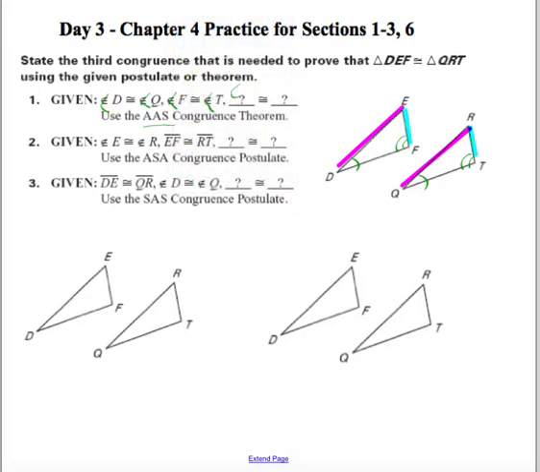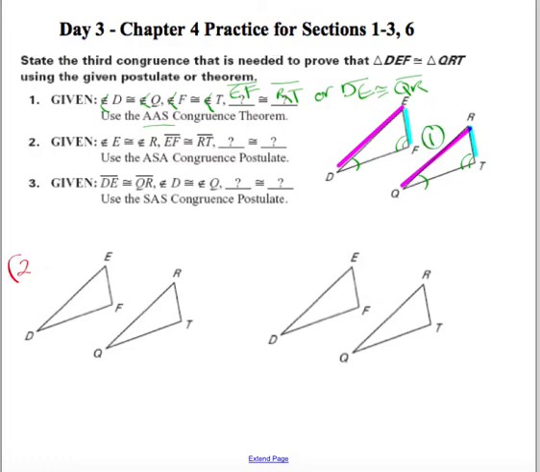So we could have EF, remember to name them with the segment bar, congruent to RT, or we could have DE congruent to QR. Either of those would make it angle, angle, side, because those sides are not included between the angles. So this is number 1's picture here.